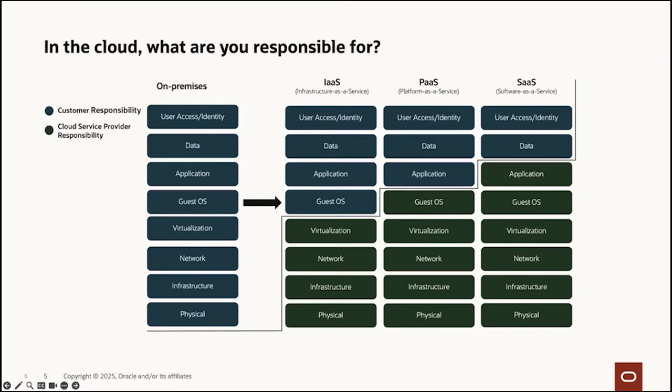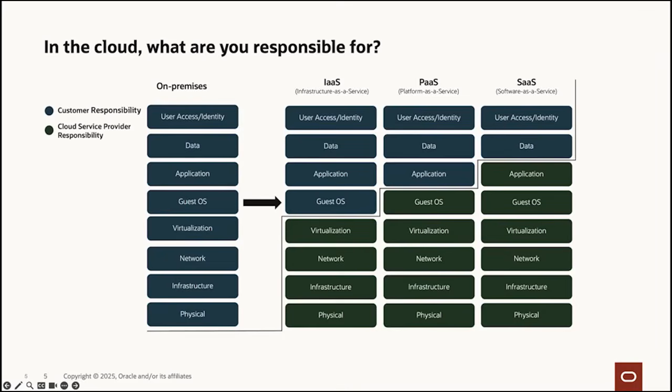And then with software as a service or SaaS, a good example of this would be Fusion HCM or Fusion ERP. These are some of our SaaS products like enterprise resource planning. As the end consumer of a SaaS product, you're responsible for managing and maintaining the user access and identity into that software, and then also the data that you put into that software.